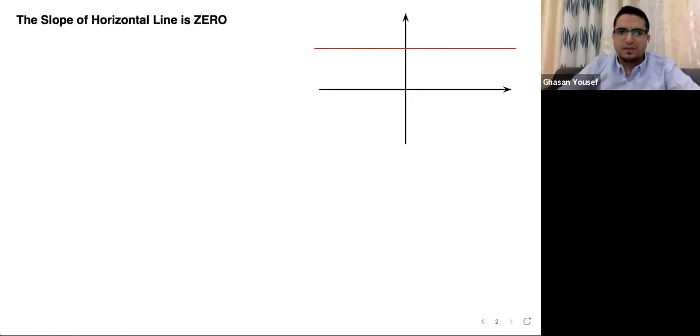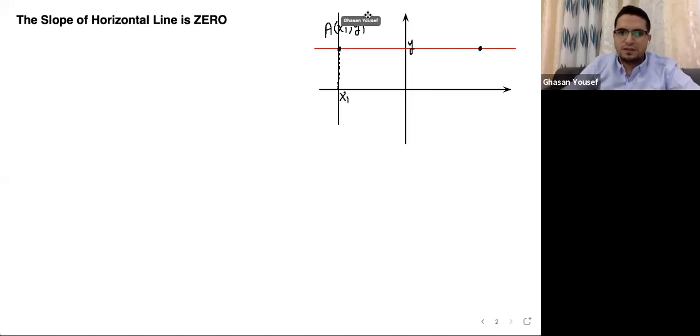Now, this horizontal line passes through 2 points. This is my first point, and this is my second point. My first point is A of x1, comma y, the same y. This point here is y, and this value here is x1.